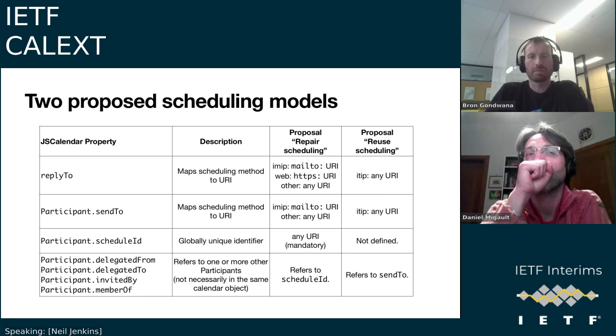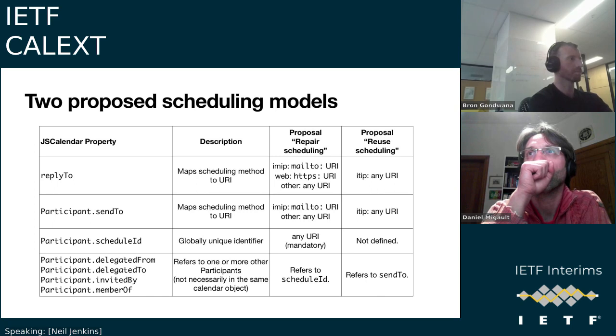The schedule ID maps exactly to whatever the URI is for the participant at the moment, and that is always a mailto IMIP entry, otherwise, the other ITIP entry. And then mapping the other way, we just have to add some extra iCalendar properties for extra send-to methods. I actually don't think it would be too hard to map that one-to-one. I think that's a good compromise from where we were before to something that maps quite well.